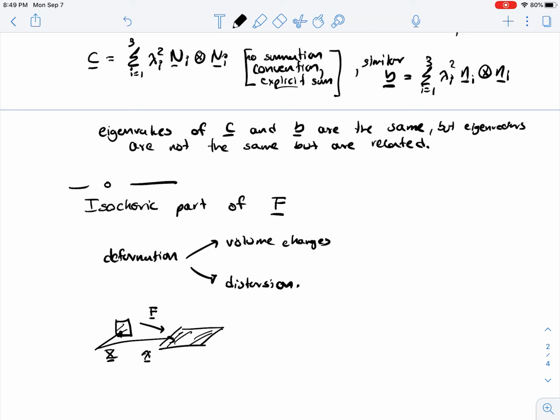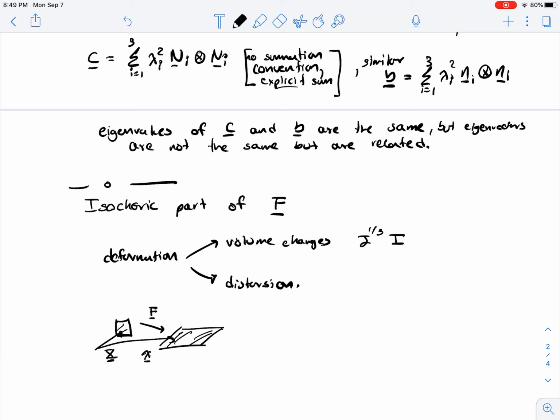One is that this square might be a little bit bigger than the original square, and the other is that there might be some distortion of the square. So these are the two types of deformations that I want. And actually the material might have different resistance to things that just want to compress the material or change its volume, and things that want to distort the material. So because of that, we want to split the deformation gradient into these two portions.